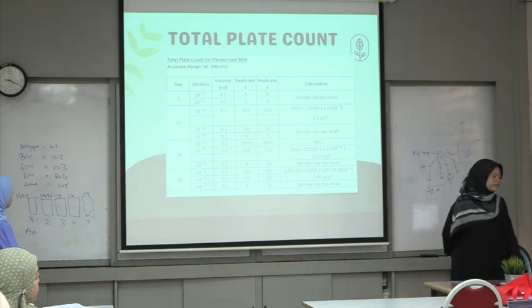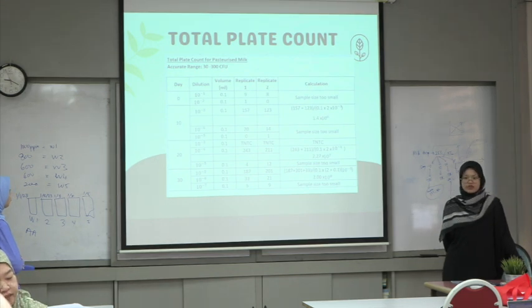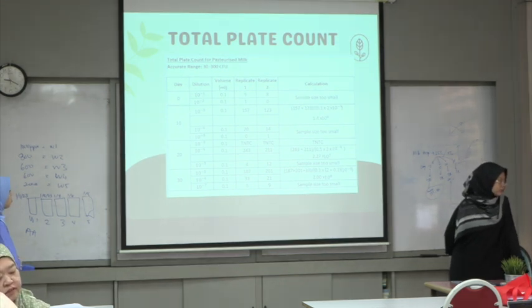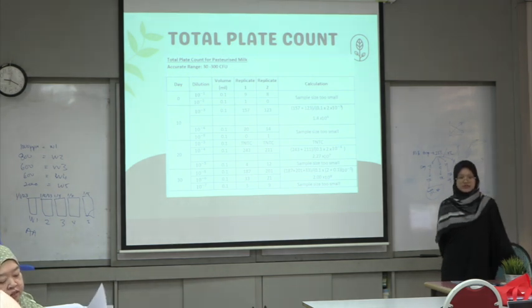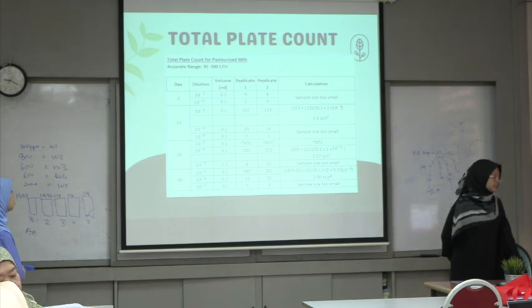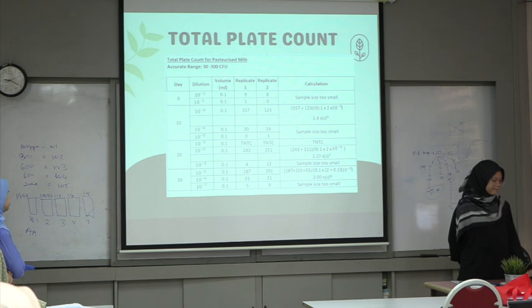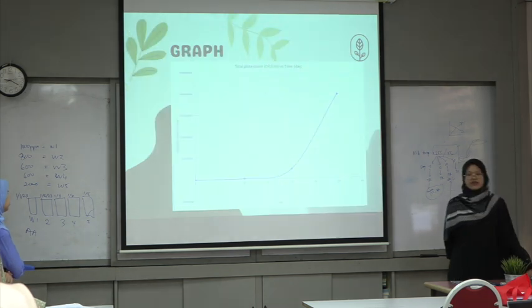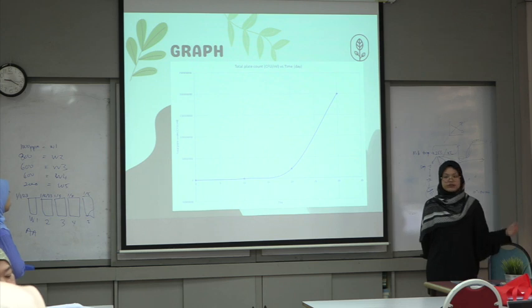The total plate count for day 10 is 1.4 times 10 to the power of 6 CFU per mL, for day 20 it is 2.27 times 10 to the power of 7 CFU per mL, and for day 30 it is 2 times 10 to the power of 8 CFU per mL. And this is the graph that was constructed according to the total plate count that was calculated.